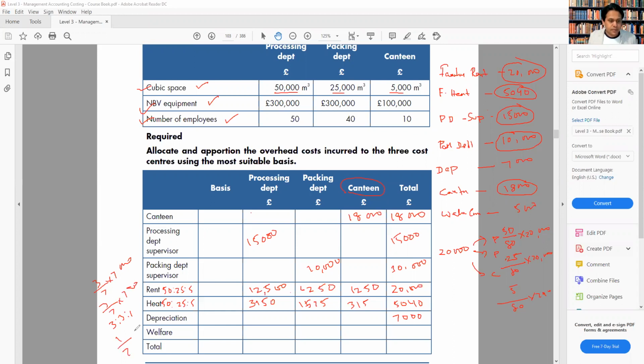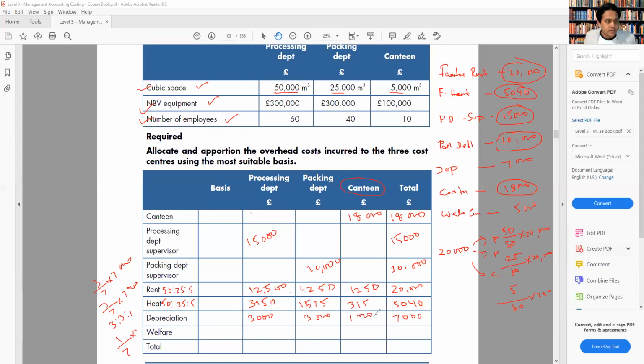That's it. So how much will it be? The first one for the processing department, 3,000. Very well done. The next one will be the same, 3,000, and 1,000.